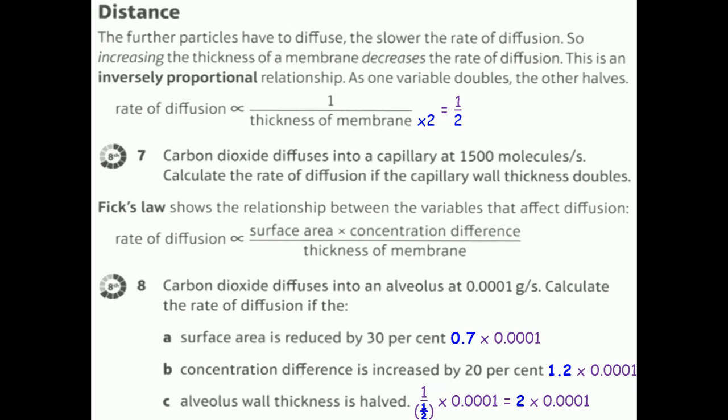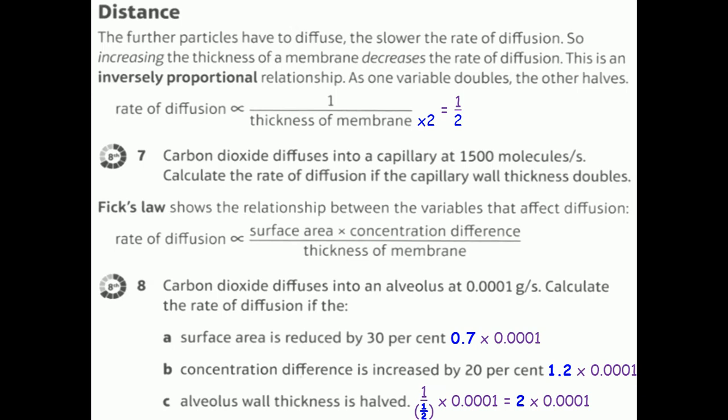So you can see in this question, using Fick's law, all three of these have an impact on the rate of diffusion. Two of them are directly proportional. So when they increase by a certain factor, the rate of diffusion will also increase by a certain factor. That's surface area and concentration difference. However, the thickness of the membrane is inversely proportional.